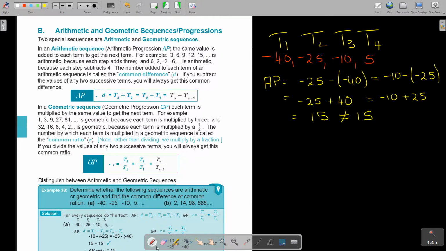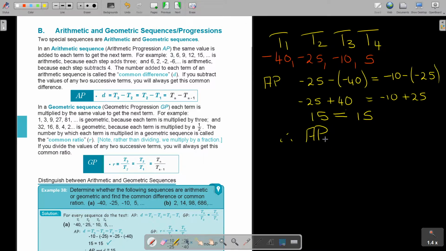I like always to write it nicely. Don't put an equal sign there, then there are too many equal signs. Oh, it's equal. Can I just show you my mistake? It's equal. So therefore, it's an AP.